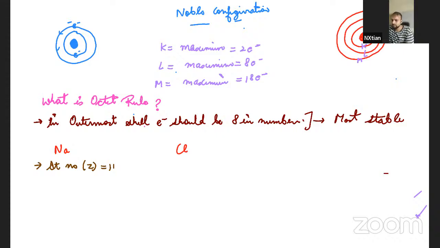Yes, Joshua. Can you hear me? Yes, I can hear you now. Mm. So tell me, if atomic number is 11, then what will be the number of electrons? Sir, I didn't understand. If atomic number of an atom is 11, then how many electrons will be there?